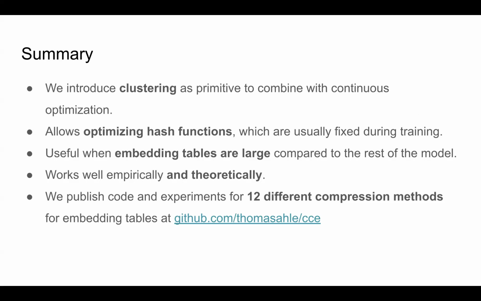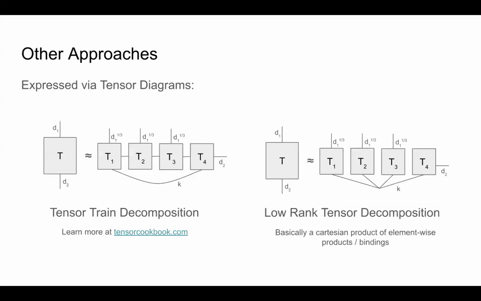And we also published this GitHub repository with 12 different compression methods for doing this kind of work. Some of them are these two cute ones. Some of my favorites are the tensor decompositions, which we can show via tensor diagrams.